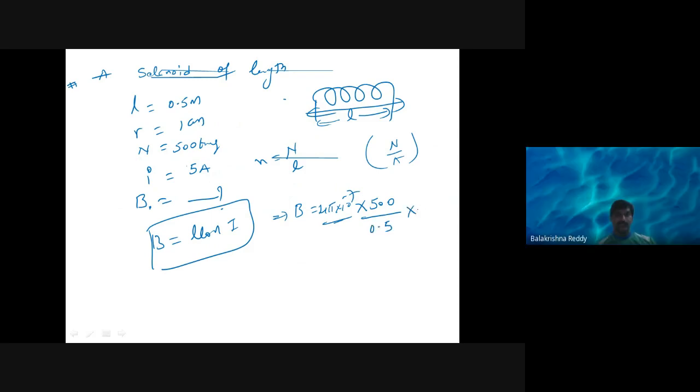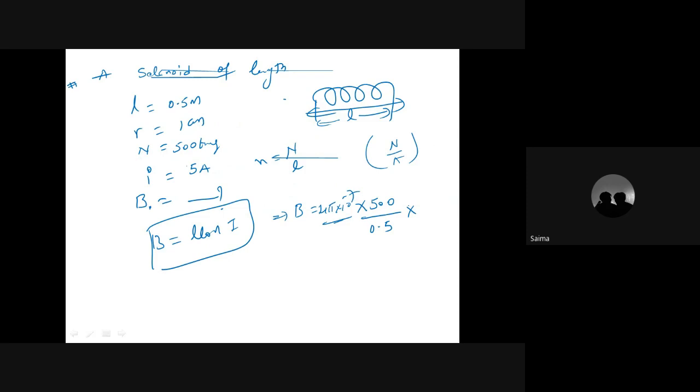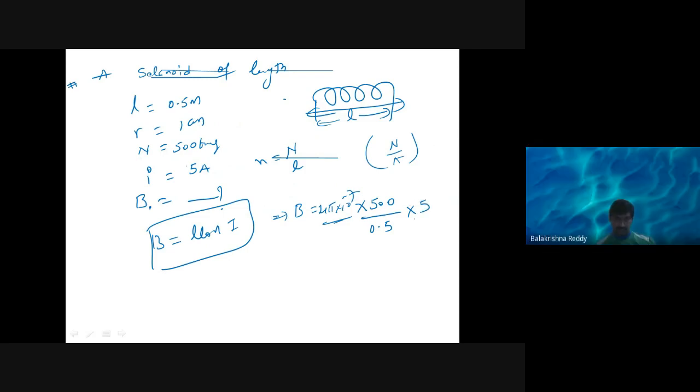Into what else are we having? I for current, 5. Then they also mentioned the radius here. Why did they mention the radius? Any idea?